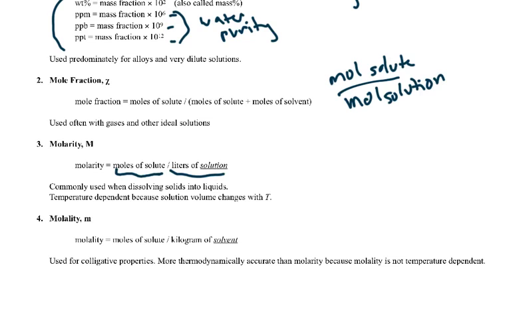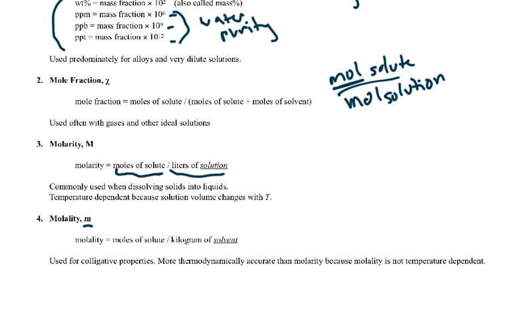Then our last one is molality. We use a lowercase m. In this chapter in particular, you need to be very careful about what m you're using. So a lowercase m is going to mean molality. Uppercase M is molarity. And if you want to say moles, I would write out the mol like I did up there.